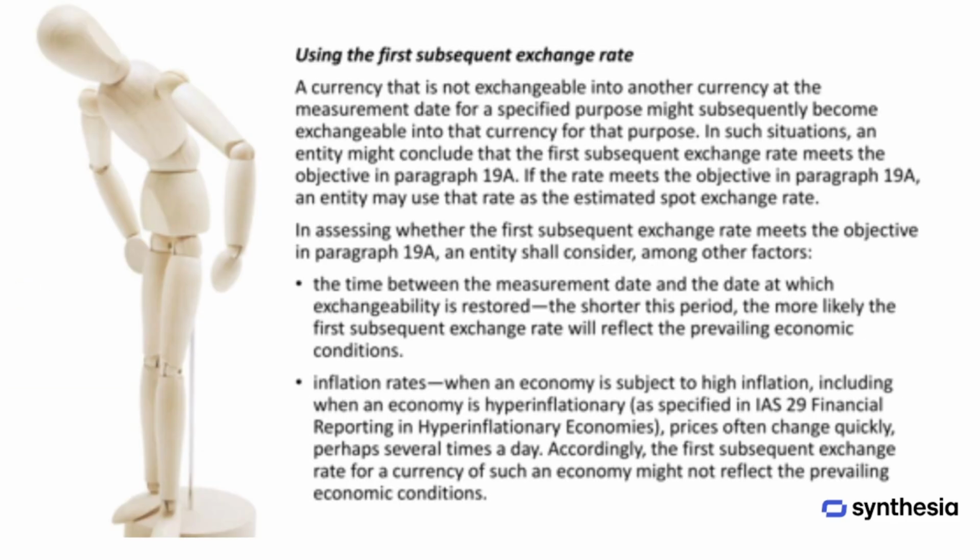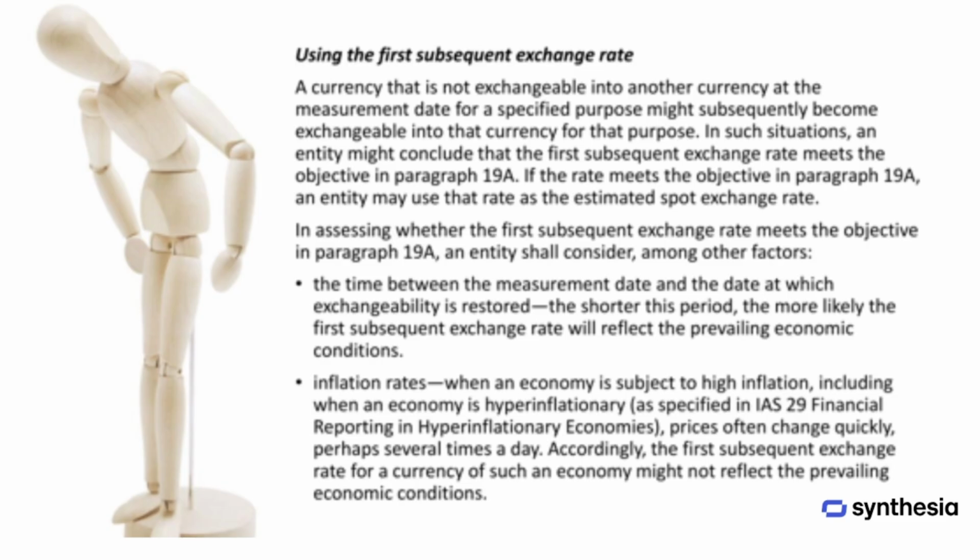Additional factors to consider when using the first subsequent exchange rate. When estimating the spot exchange rate by using the first exchange rate available after exchangeability is restored, the entity should also consider two important factors. First, the time between the measurement date and when exchangeability is restored. The shorter this period, the more likely it is that the first subsequent exchange rate will accurately reflect the prevailing economic conditions.